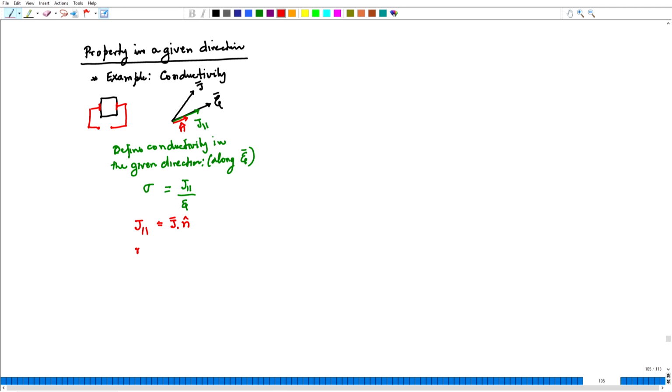The unit vector I can determine by taking the electric field vector divided by its magnitude. So, this gives me the unit vector, and hence the parallel component of the flux vector is J dotted with the electric field vector divided by the magnitude of the electric field.